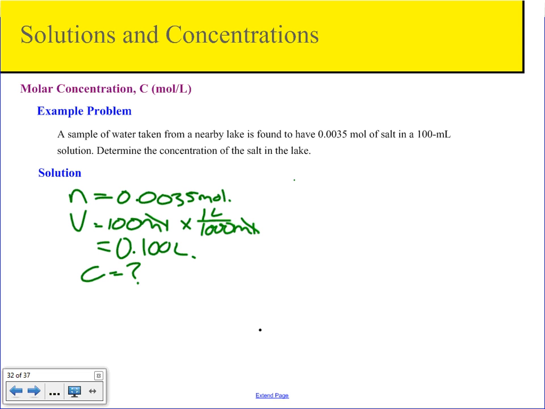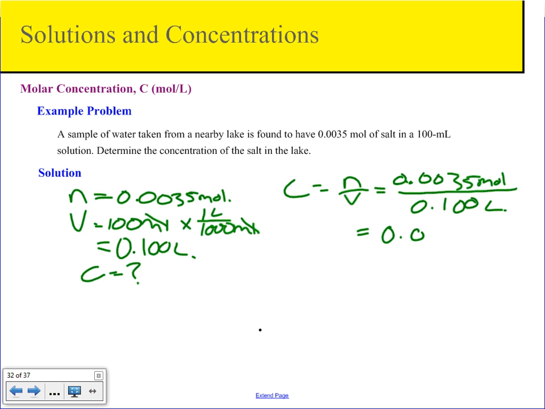So I know concentration is n over V, and this becomes 0.0035 moles all over 0.100 liters. Put that in my calculator and I get 0.035 moles per liter, or 0.035 molar.